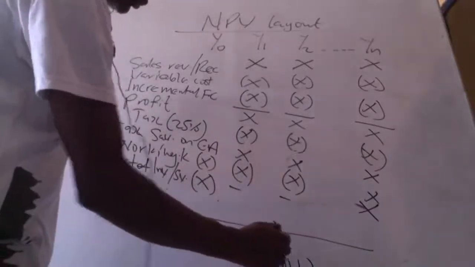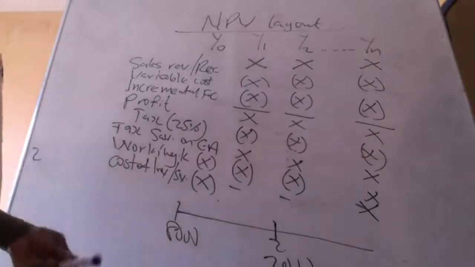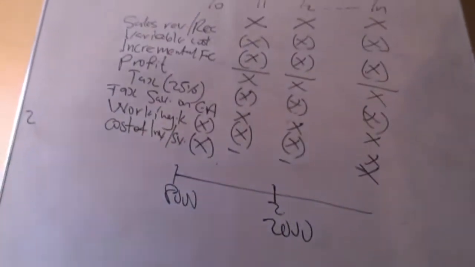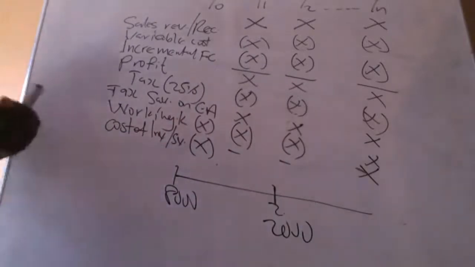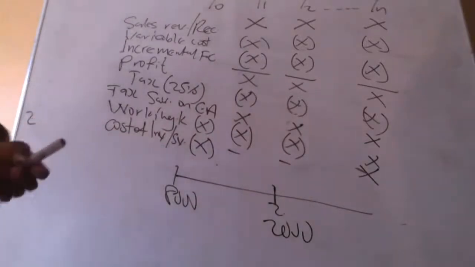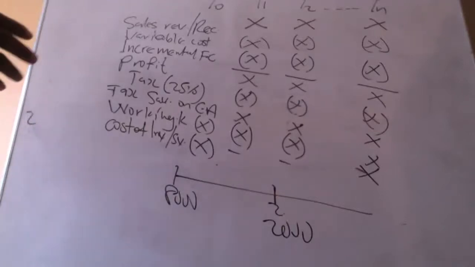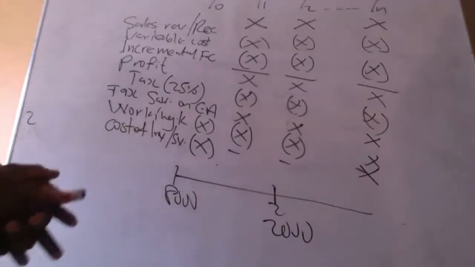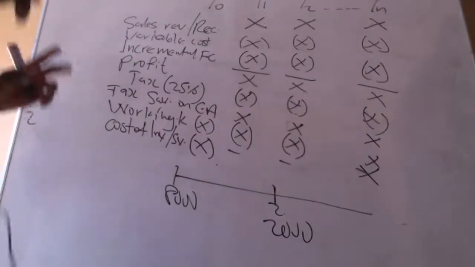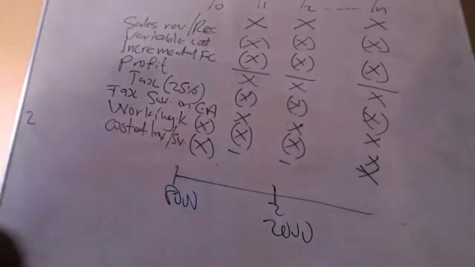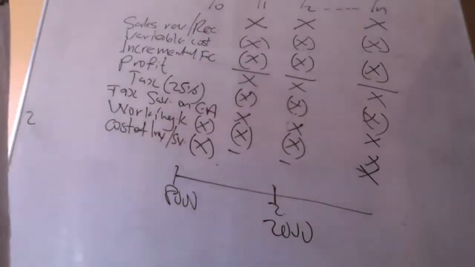So the examiner can give you the terms of payment, or how the capital will be raised. But if they don't tell you any such information, then the capital sum should be raised at year 0, that's now, at the start of the project life. Thank you very much.